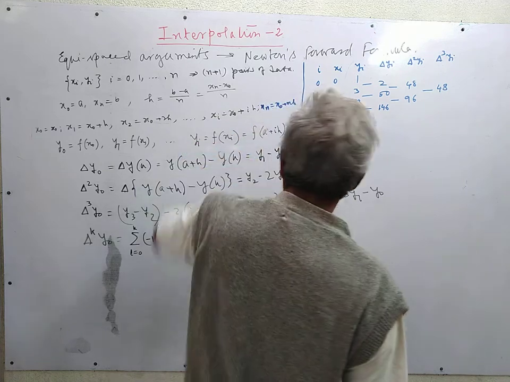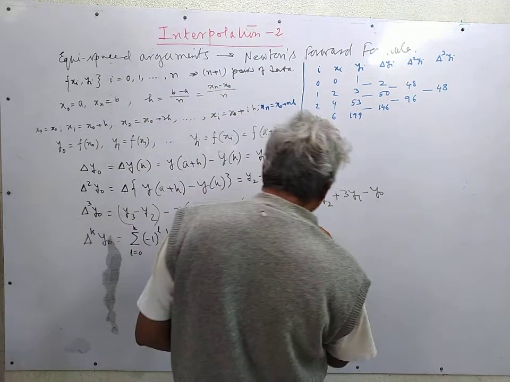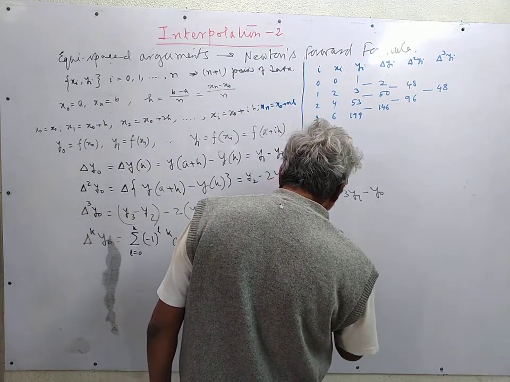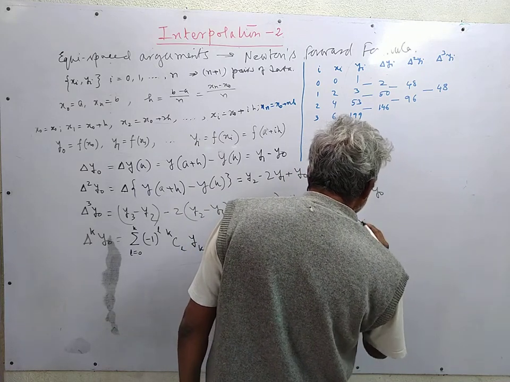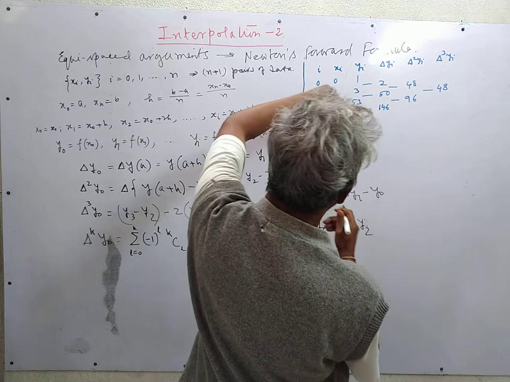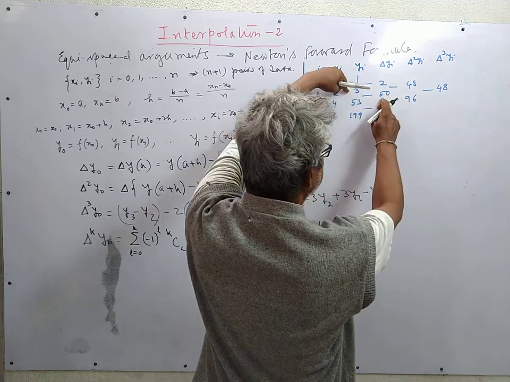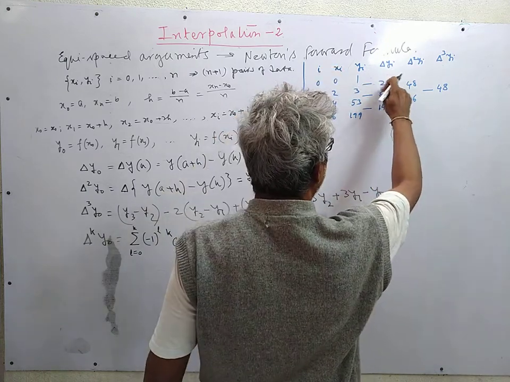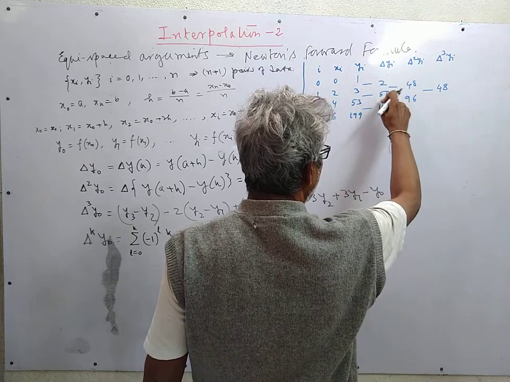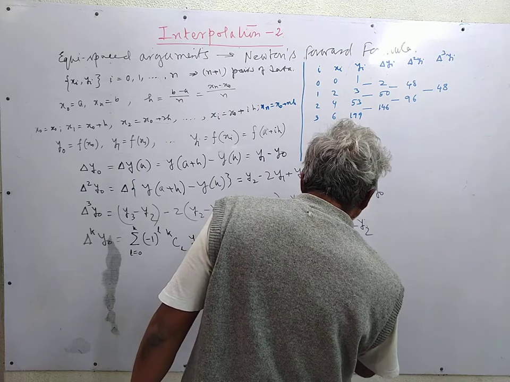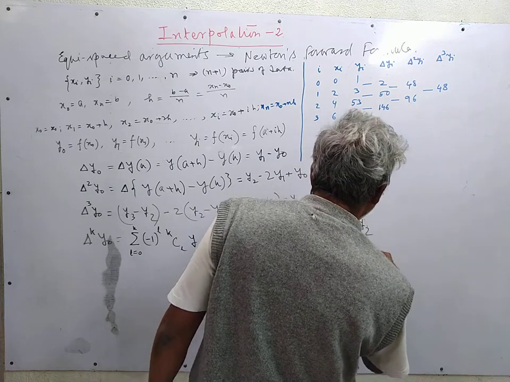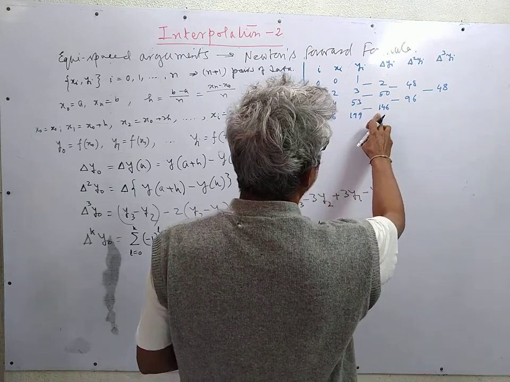Then delta of y1 is y2 minus y1, which is 50. So this is delta of y0, this is delta of y1, and delta of y2 is equal to y3 minus y2.